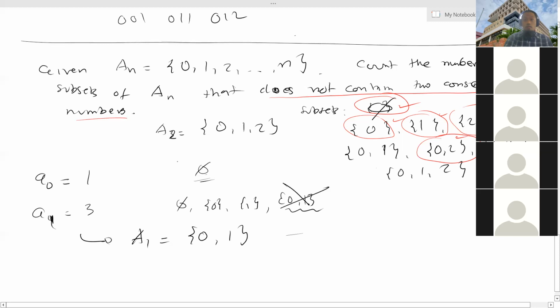So that means the subset can be empty, and then {0}. It has to be 2, sorry. A0 must be 2.